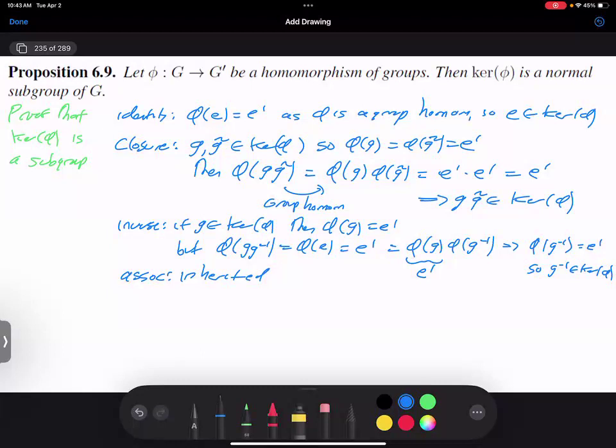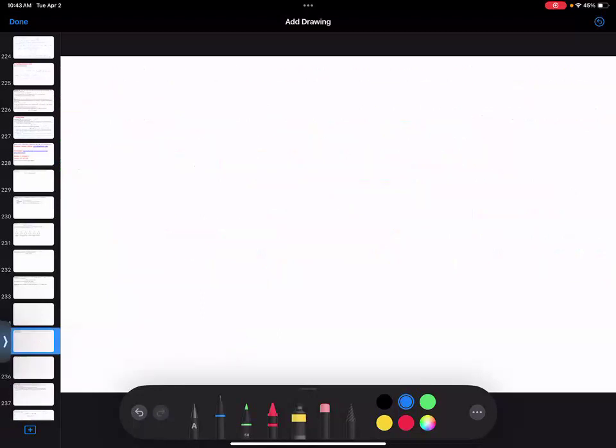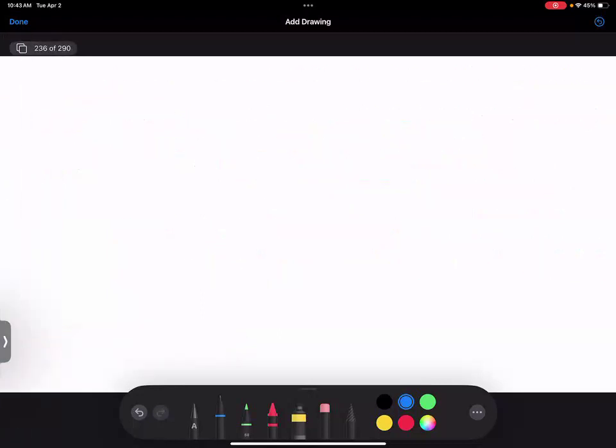All right. Now we want to prove that it's a normal subgroup. And so I'll just do a little bit more space. So now, proof that, given phi from G to G prime, the kernel of phi is normal.